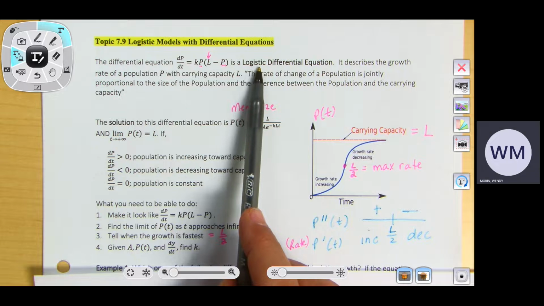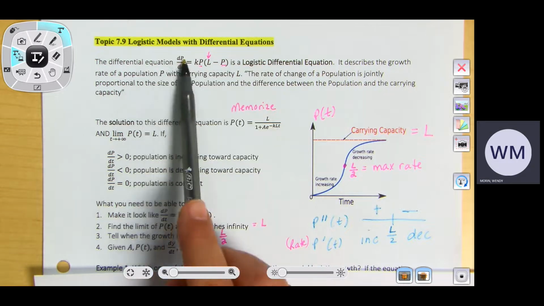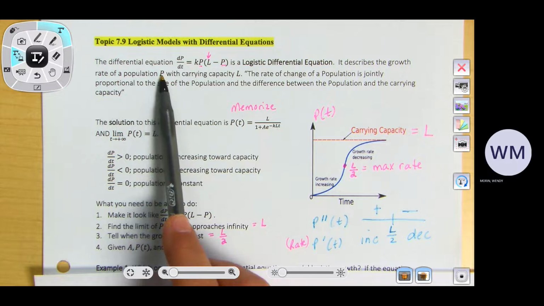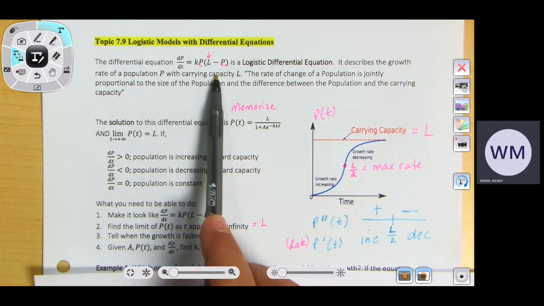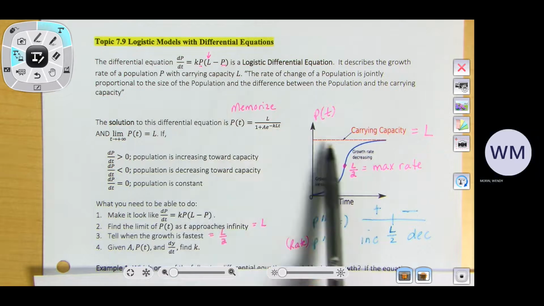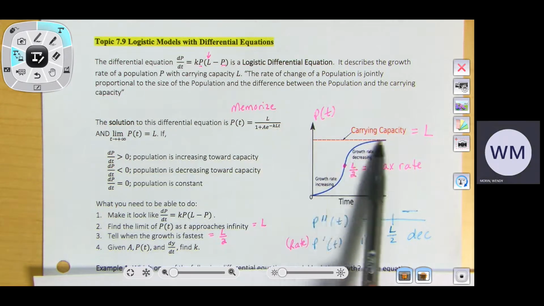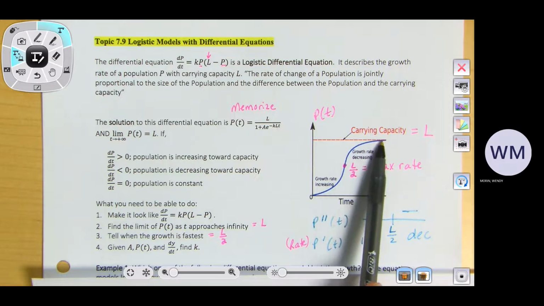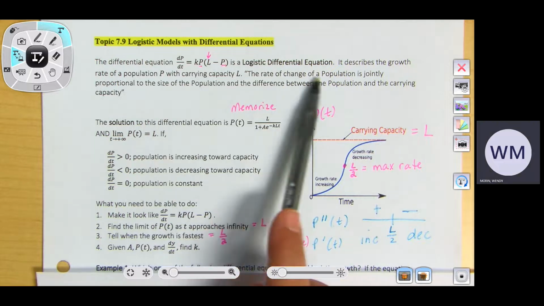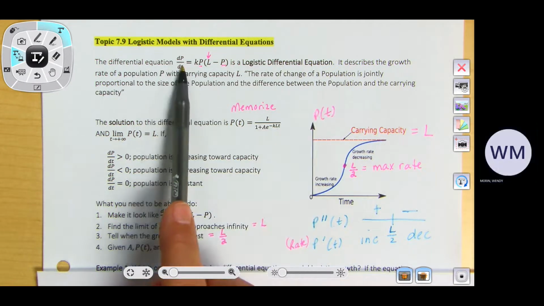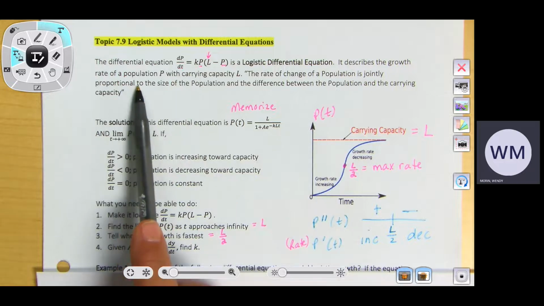It describes the growth rate of population, P for population, with respect to time, with a carrying capacity of L. L meaning limit. The carrying capacity has a limit. It says the rate of change of population is jointly proportional.